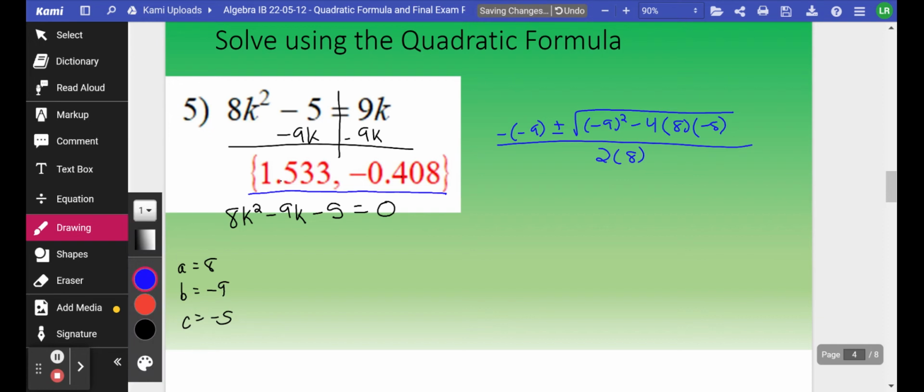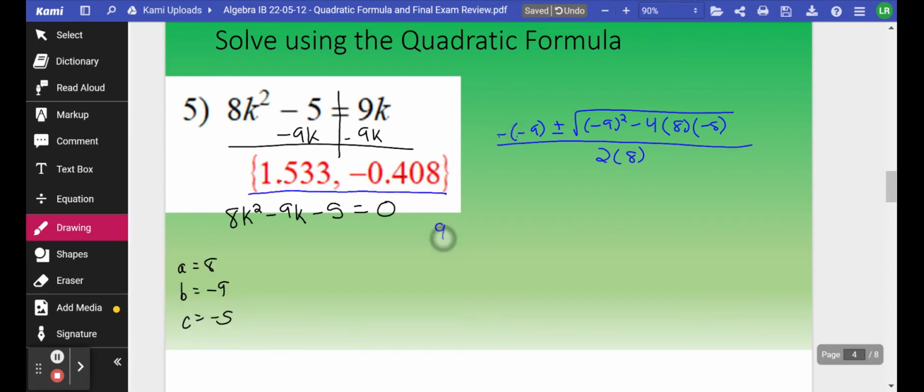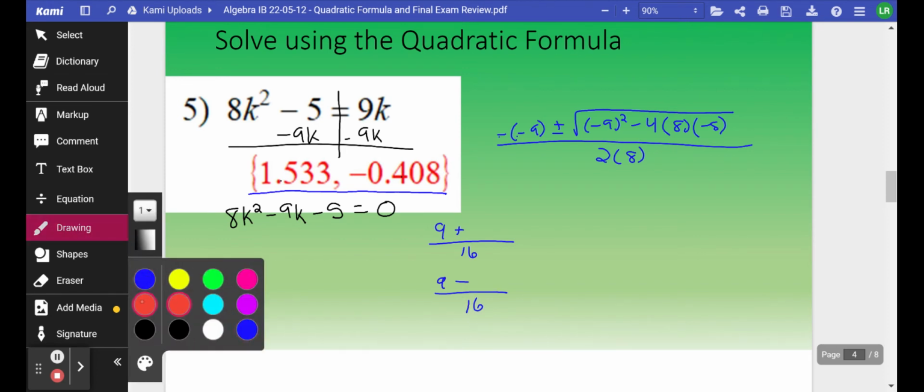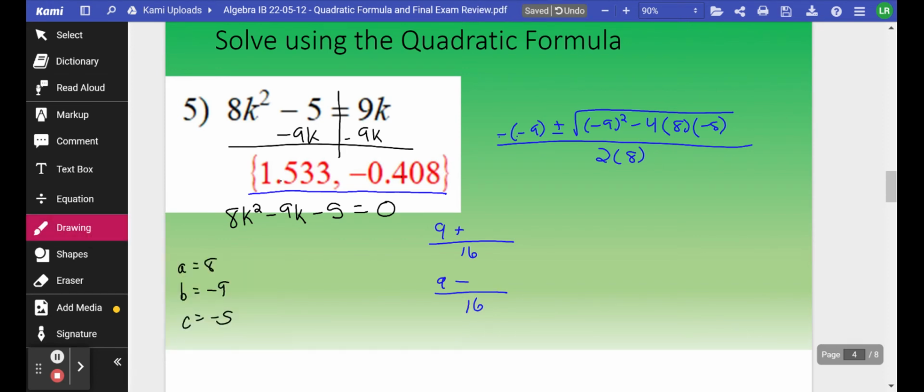Okay, my 2 fractions: negative times a negative is positive, so 9 plus something divided by 16 and 9 minus something divided by 16. I just have to figure out what the something is. So I type that part in my calculator: negative 9 squared minus 4 parentheses 8 parentheses negative 5. And I'm getting square root of 241.